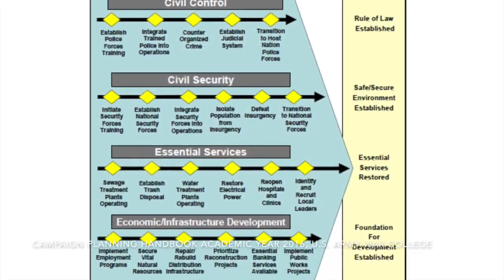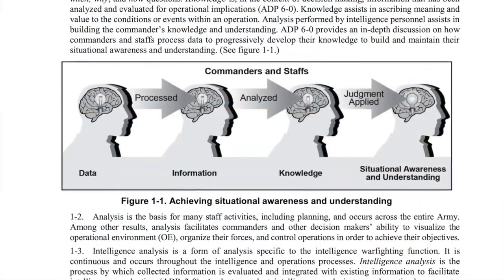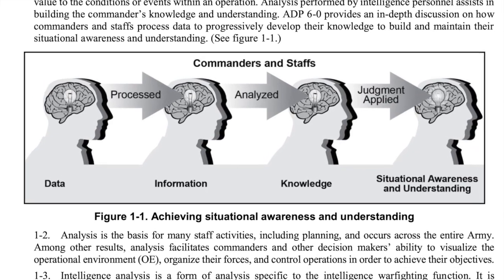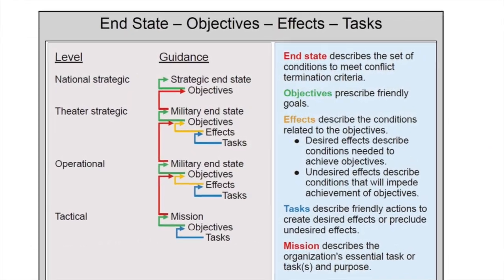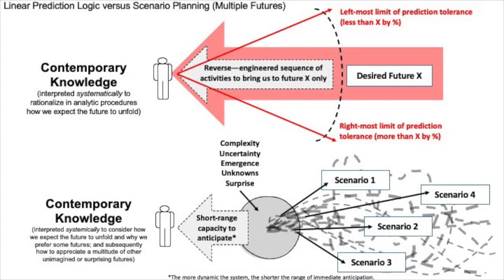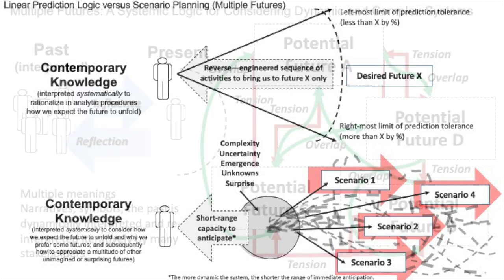A methodology that employs systematic logic, such as the linear planning processes that we've talked about in single futures, does not become more systematically capable with simply an infusion of systemic logic or adding scenario planning to the joint planning process. They really remain separate and distinct ways of thinking and acting upon reality because they're operating with different models, using different language that ties to different theories about warfare.